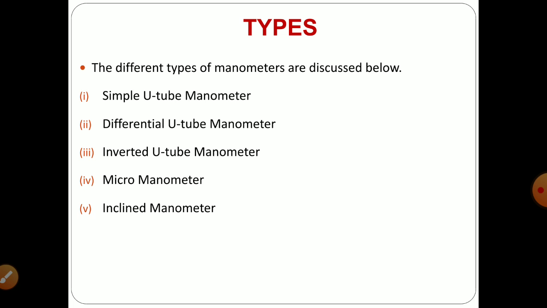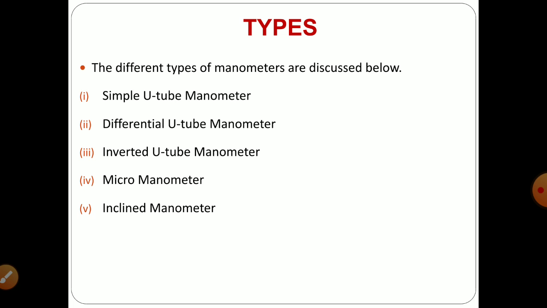A simple U-tube manometer is a device that consists of U-shaped tube of glass in which you are going to fill your liquid. It is the simplest form which consists of incompressible fluid like water and mercury.